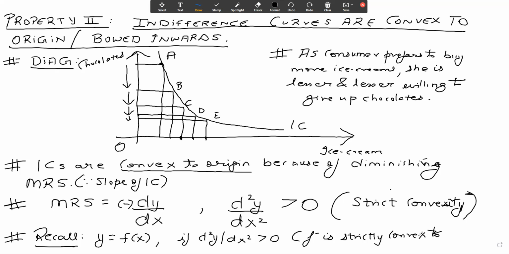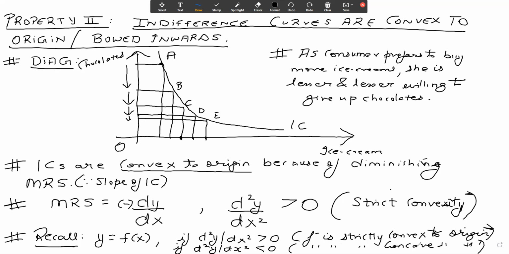And if d square y by dx square is less than 0, we say that the function is strictly concave to the origin. This is something we learned in high school maths, and students will be learning this in my mathematical methods for economics course.